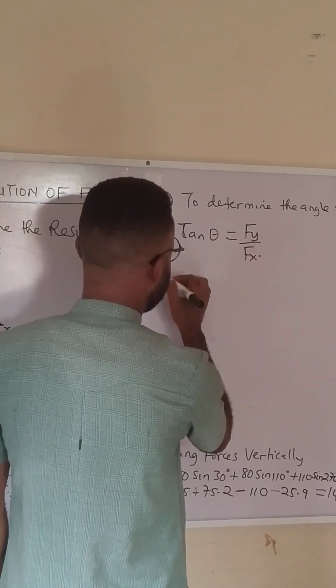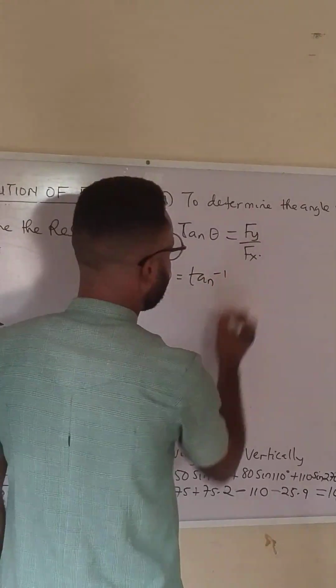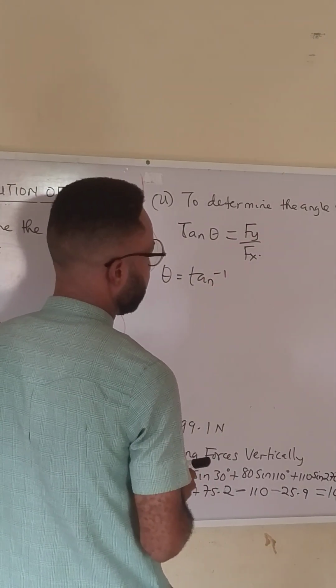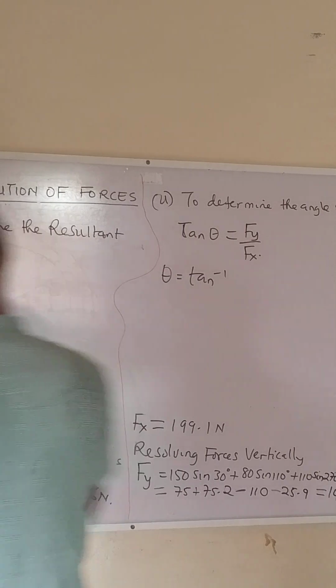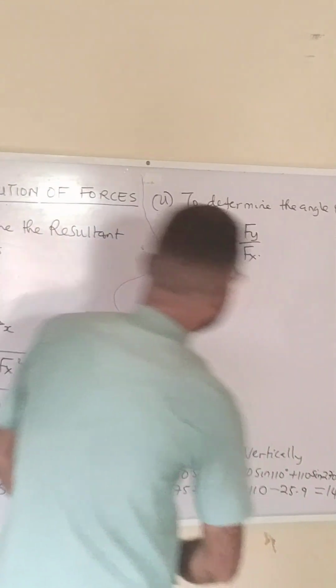And so for us to determine theta, theta will be tan inverse. Okay, let me break it down for some of you who do not understand how we got the tan inverse.